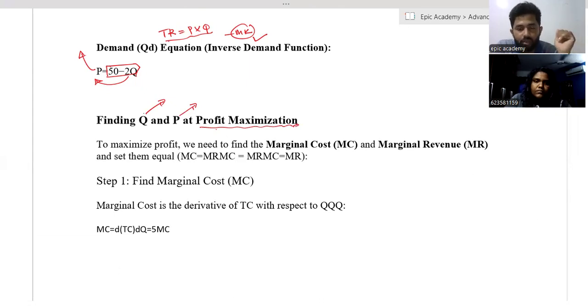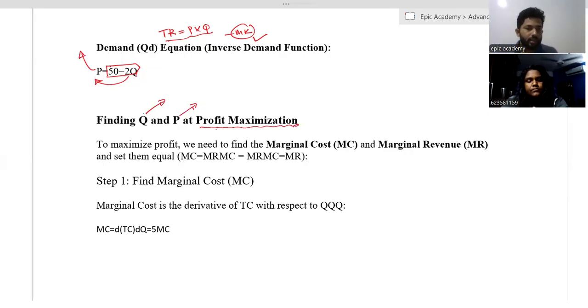Because already we know that each and every organization tries to maximize their profit. Actually, we identify where the organization can maximize the profit, where the marginal revenue equals the marginal cost. This is the theory. So that position is the position we are going to find out.